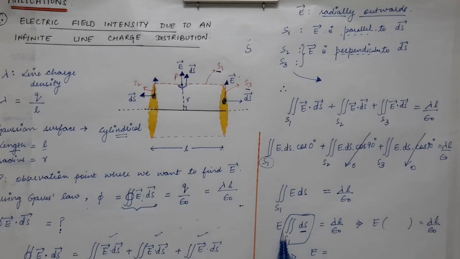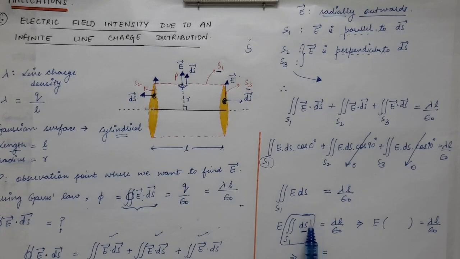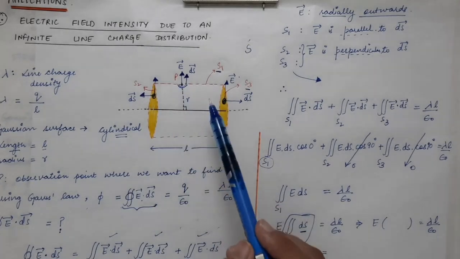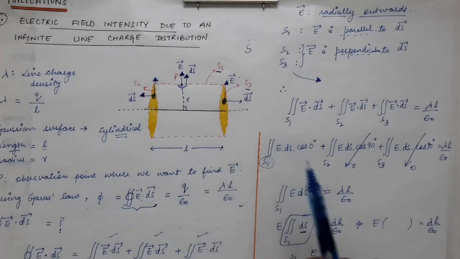So this will be equal to nothing but the total curved area of the cylinder. This integration is nothing but the curved surface area of the cylinder, and you already know the formula.